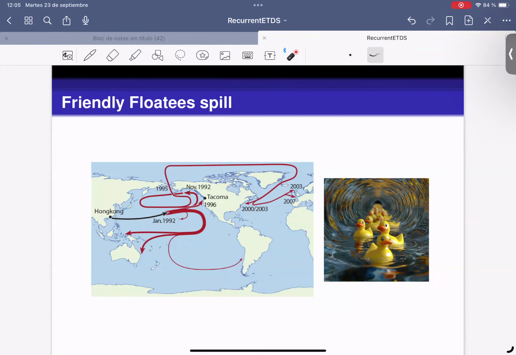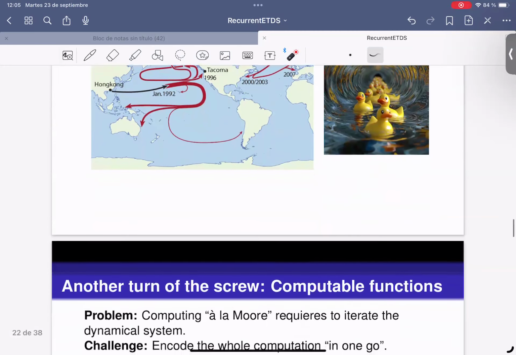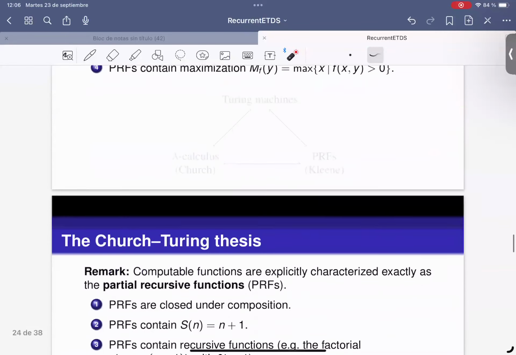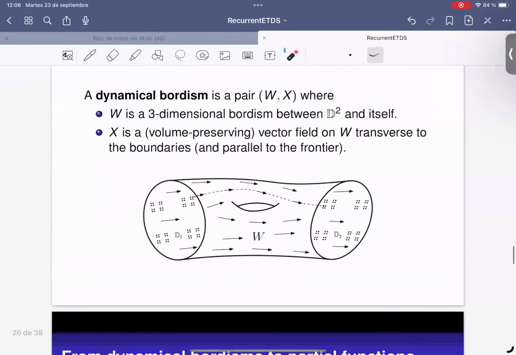I just want to give a super brief idea of another thing that we have done very recently, and it is this idea. We have repeated the same trick of embedding Turing universality, but instead of representing Turing universality as a Poincare section, we want to do the same thing but as a bordism. So we want to consider a bordism.